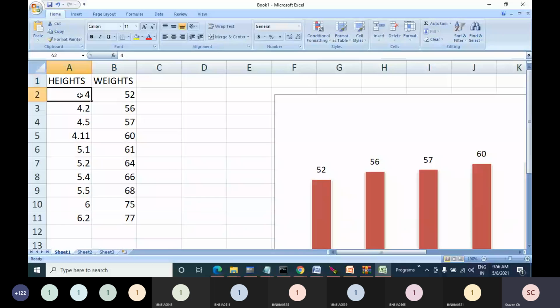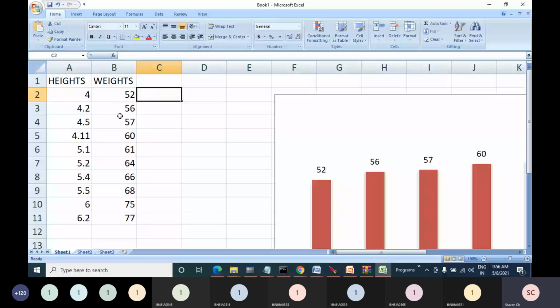If height is 4 feet, weight must be 52 kgs, 4.2 is 56, 4.5 is 57, 4.11 is 60, 5.1 is 61 kgs, 5.2 is 64 kgs, 5.4 is 66, 5.5 is 68, 6 feet is 75, 6.2 is 77, right? So please observe this. These are heights and weights. Let us assume for a moment that these are correct values.